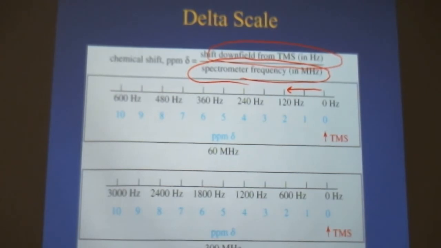So, in here, let's say I have whatever divided by whatever gives me 1, a much higher number divided by a higher number still gives me 1. So regardless of the strength of the magnet that you're using, the chemical shift for the same type of hydrogen in the same environment is always going to be the same. Okay? So again, hydrogens in a methyl group attached to oxygen, I can expect to come at about a chemical shift of 3.5. And it's always going to be the case.